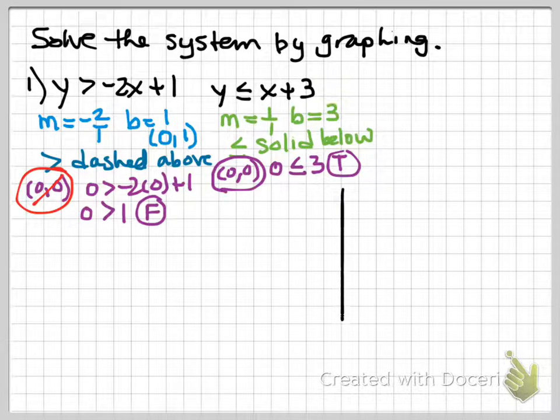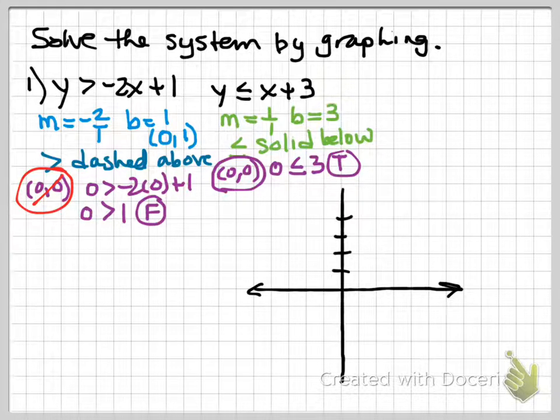Now, there's a couple thoughts about this, and some people actually erase all the stuff that doesn't count. I think that's not really a great idea because it's just really messy. So you have to learn to work within what you have. So we're at negative 2, 2, 2, 4, x-axis, y-axis, blue line.